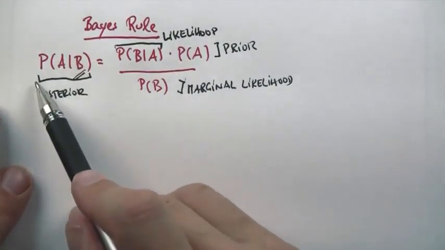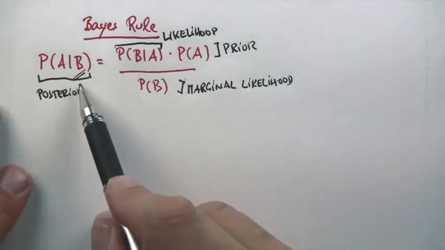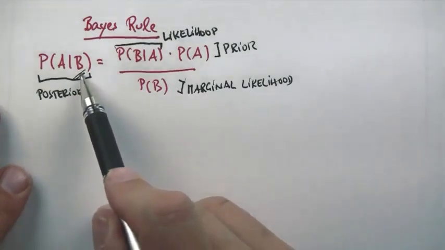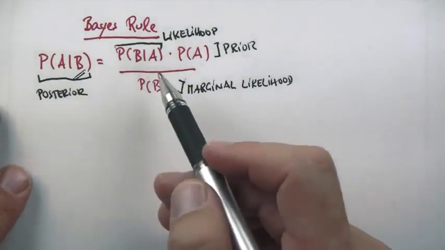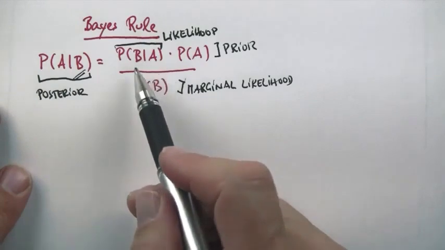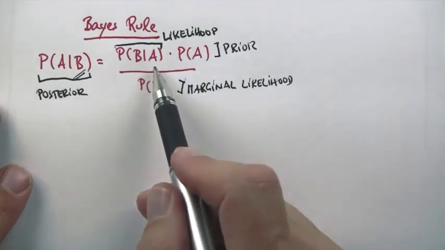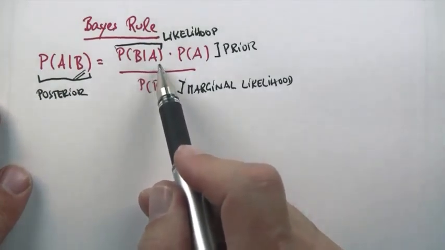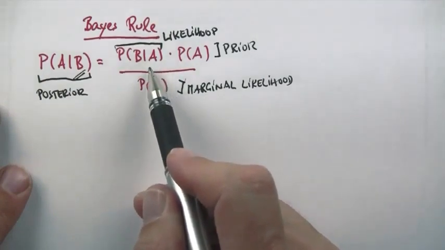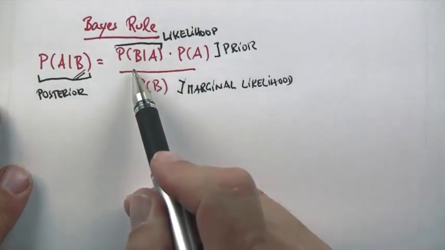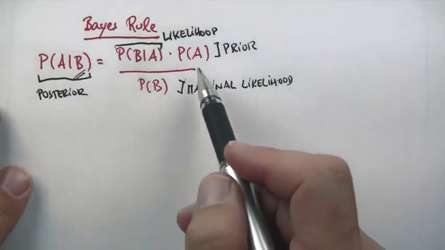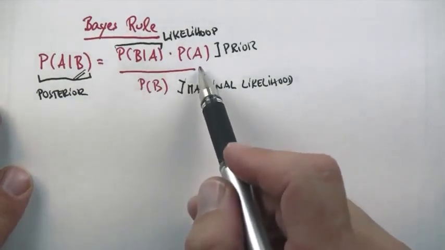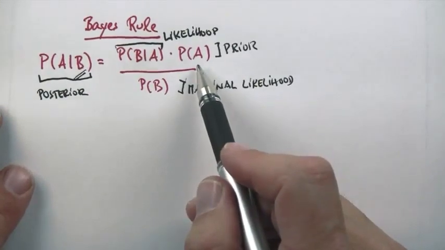This diagnostic reasoning, which is from evidence to its causes, is turned upside down by Bayes' rule into a causal reasoning, which is, given hypothetically we knew the cause, what would be the probability of the evidence we just observed?